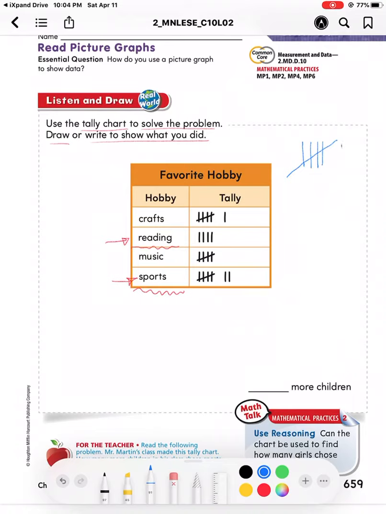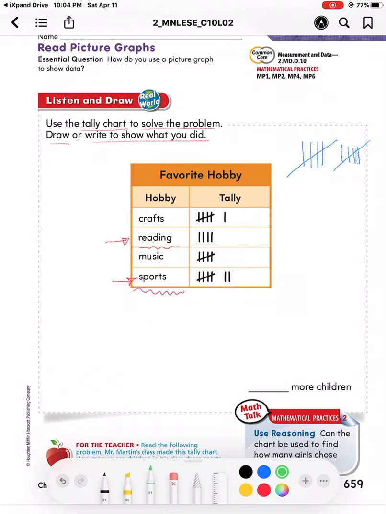Then after this we continue 6, 7, 8, 9, and we do the same. So each 5, okay, it's like counting by 5s. So when we got 5, we make just this diagonal line. Then when we got 10, we will do the same. Okay, so let's see together in this tally chart how to do it.